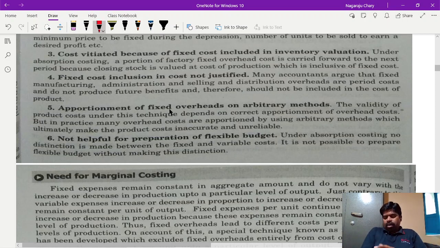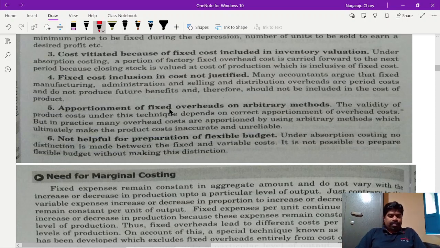So how have we taken these fixed costs included with the total cost? It is not justified. So actual cost is to be taken into consideration. To determine the price of the product, whatever the cost is incurred, that is to be taken into consideration. Then ultimately, the consumer will get benefited.